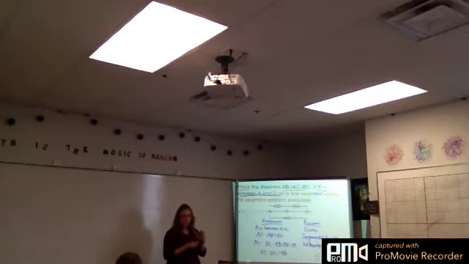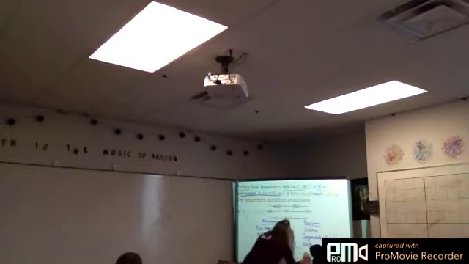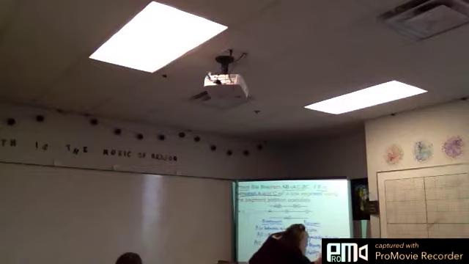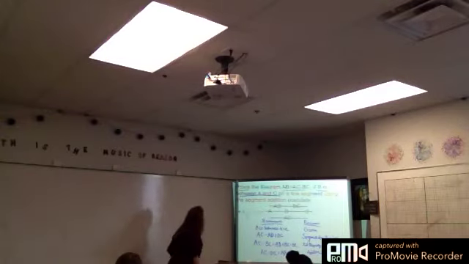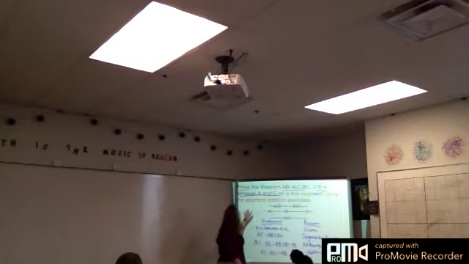Inverse is negating something, so instead of adding, I am subtracting. That's where they get that from: additive inverse. These are things that you're going to just have to start recognizing and noticing.